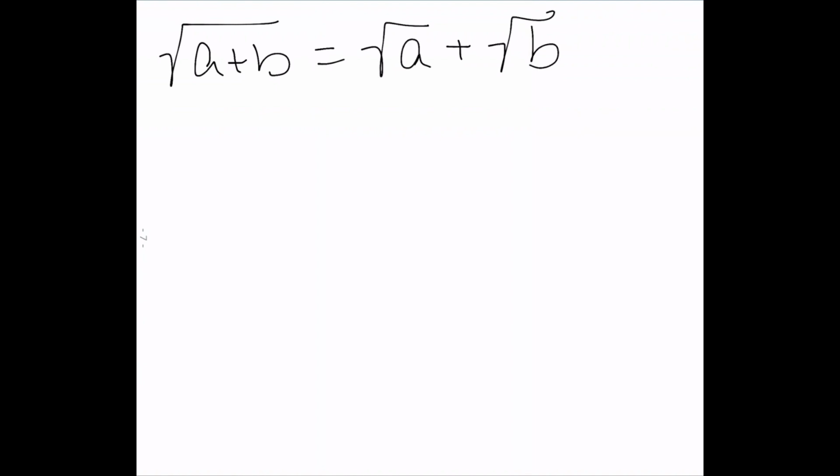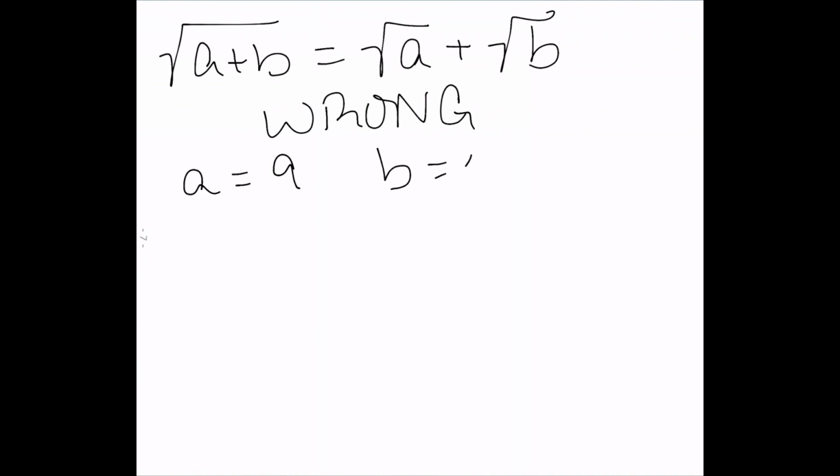Another thing we can do with these is combine them. So one of the most common mistakes that we have in square roots is saying that the square root of a plus b is equal to the square root of a plus the square root of b. But this is not true. As an example, I'm going to let a be equal to 9, and b equal to 16.